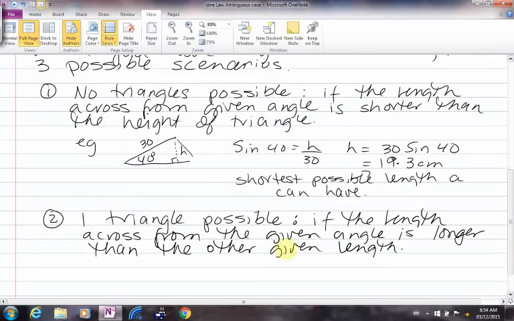So if it's longer, you can only make one triangle. And that's it, so done. Draw that one triangle, solve it.